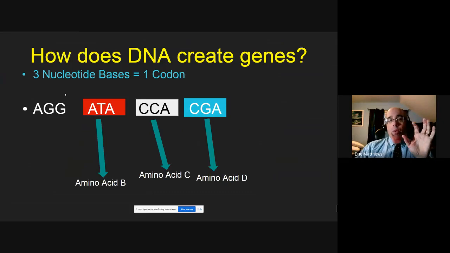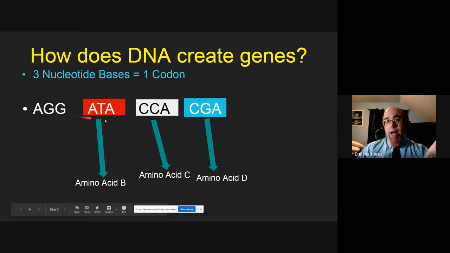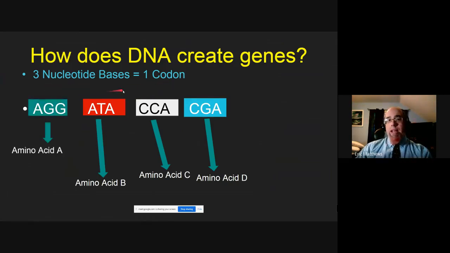All right, so when we take a chain of DNA, the big polymer, we separate it into 3 letter segments. Every 3 letters is what we call one codon. Now, each codon is going to be responsible for a different amino acid.